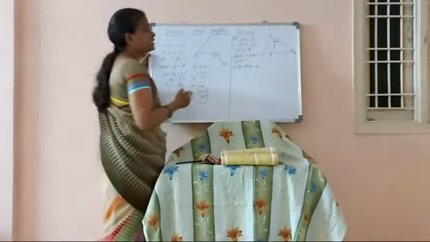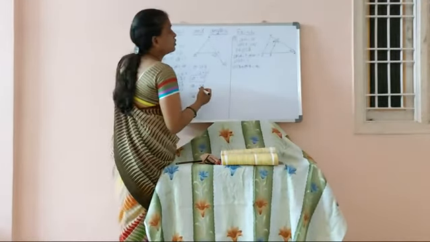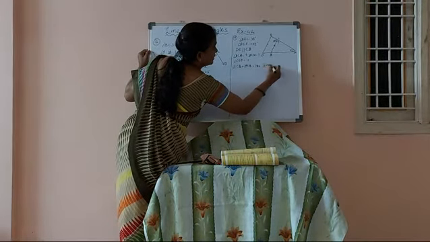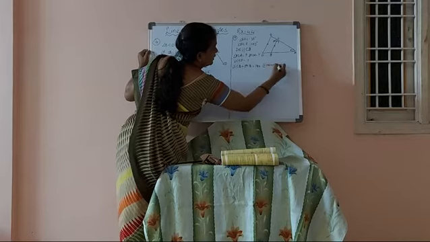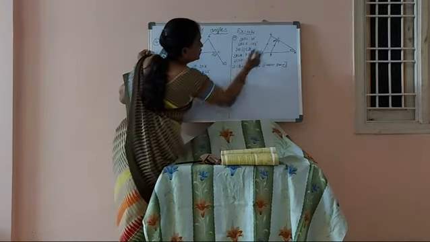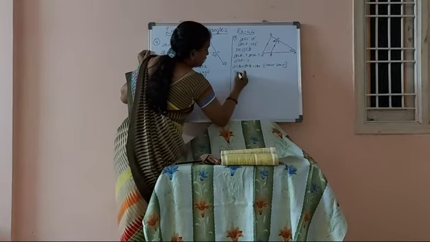The sum of the two adjacent angles is 180. We call it a linear pair. So according to this, angle ECB is equal to 102.